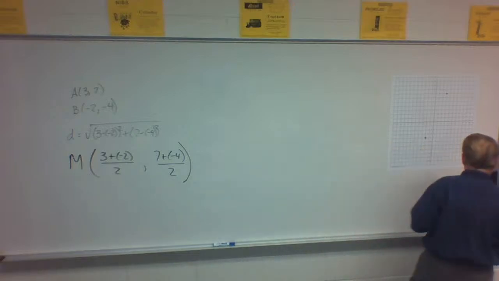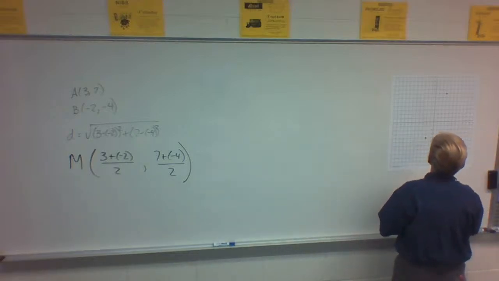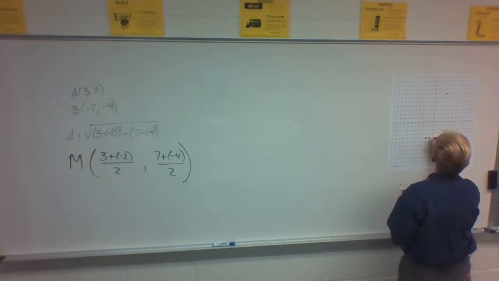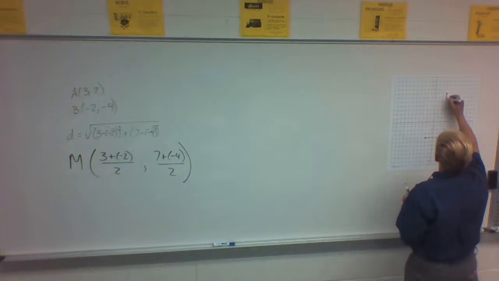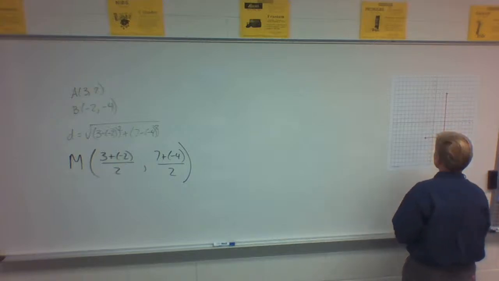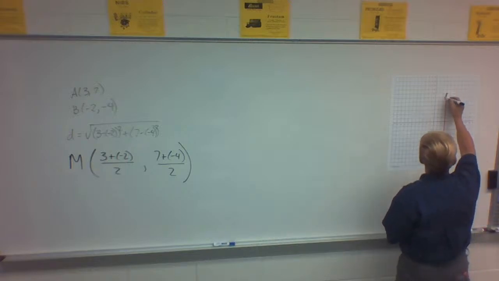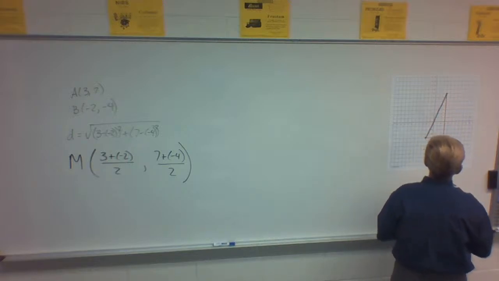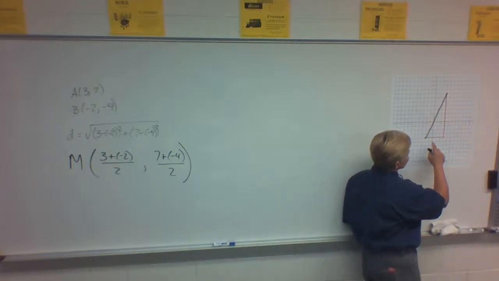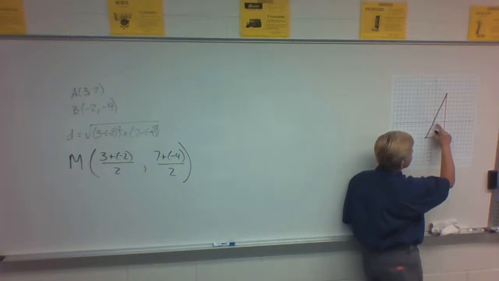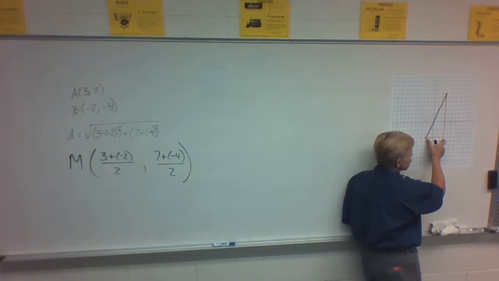Okay, let me see if I can point this out to you better. If we make a triangle out of this again, like we did with the distance using the Pythagorean theorem, does it make sense to you that, and I hope I can draw this straight enough, if I can find the middle of this one and go up to this line, that it will hit it right in the middle of this one? The middle of this, that's going to be 1, 2, 3, 4, 5.